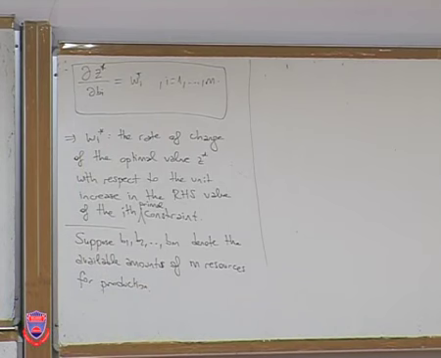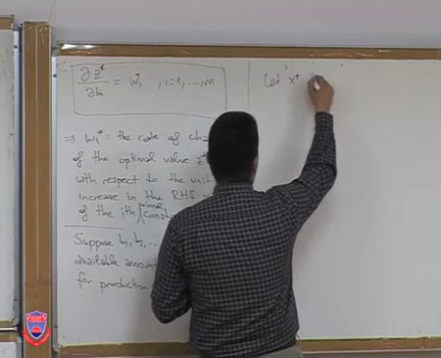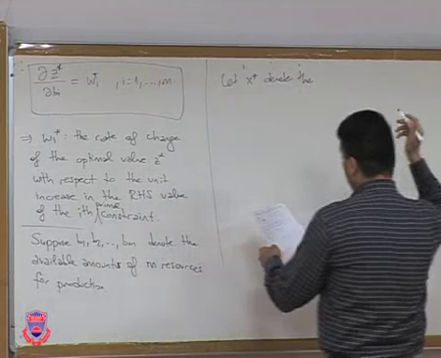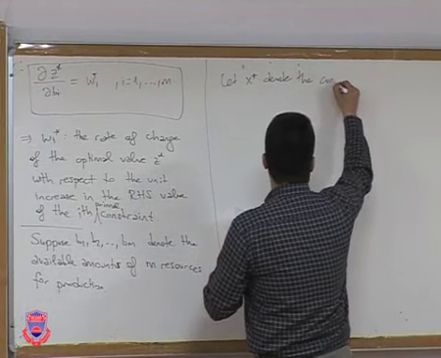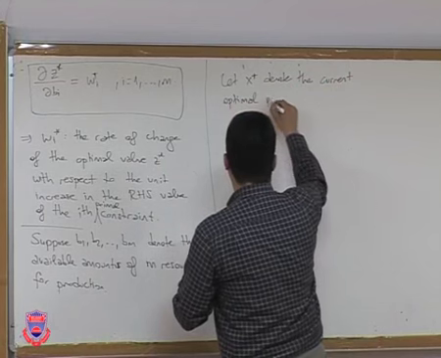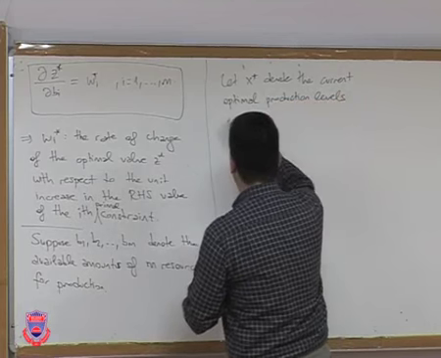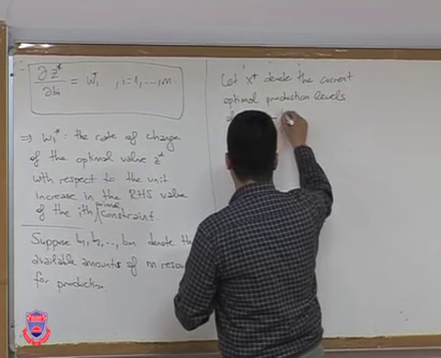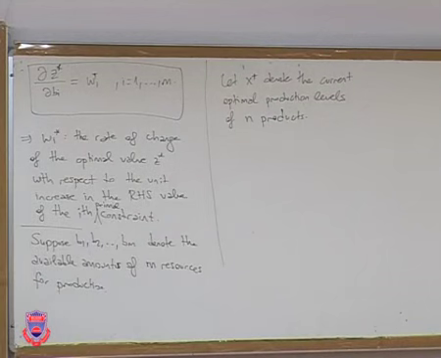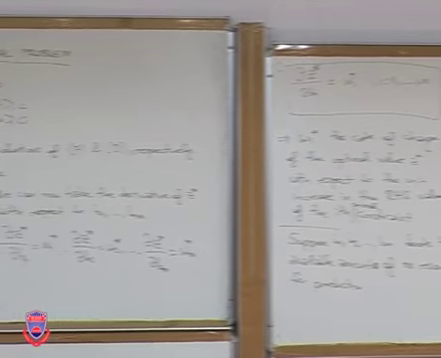Okay, so in that case, of course, let X star denote the current optimal production levels. Production levels of, let's say, n products. So X star is an n-dimensional vector. And each component corresponds to the production level of the corresponding product.